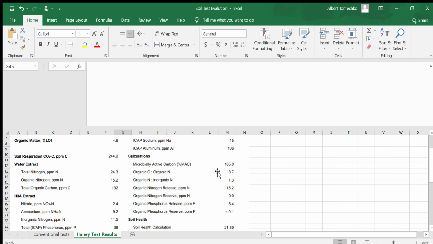The lower water soluble carbon is most likely a result of the massive microbial population that needs to get fed, and this will happen from organic material breakdown. And the lower the C to N ratio, the faster this process will happen, and it ties up with your high MAC, microbial active carbon, excuse me.